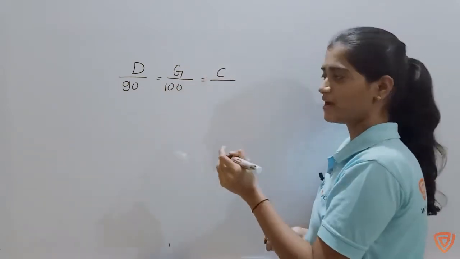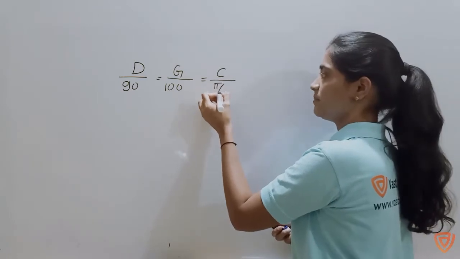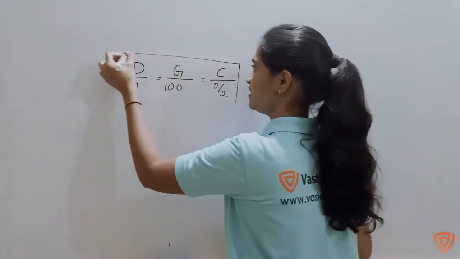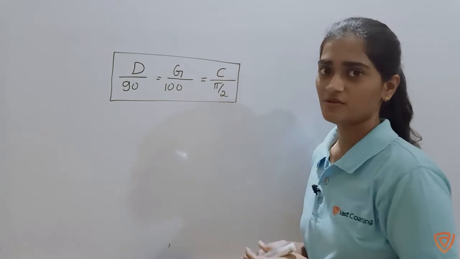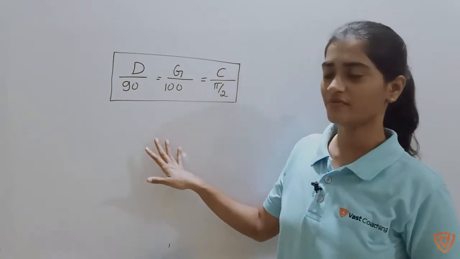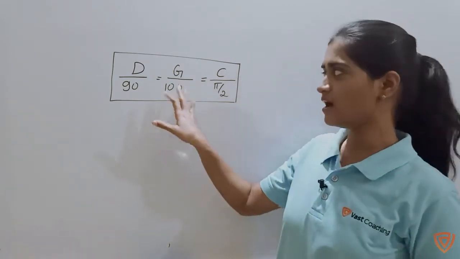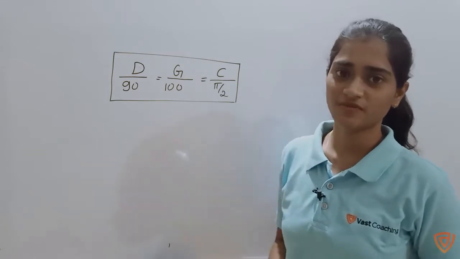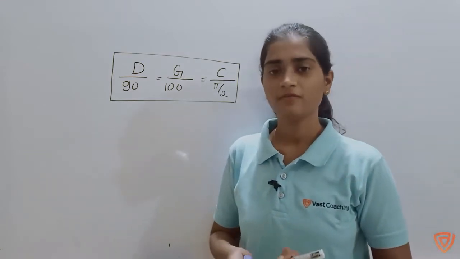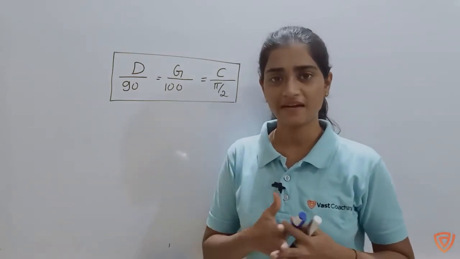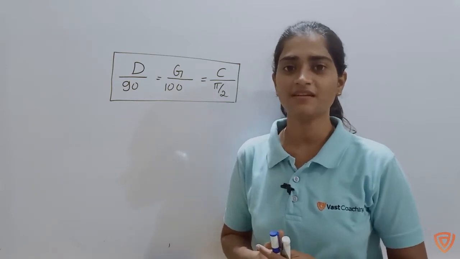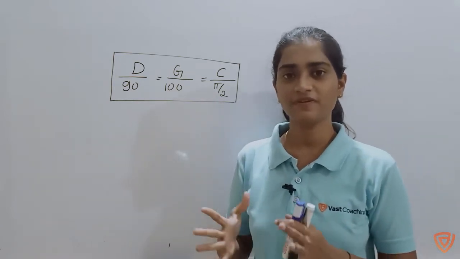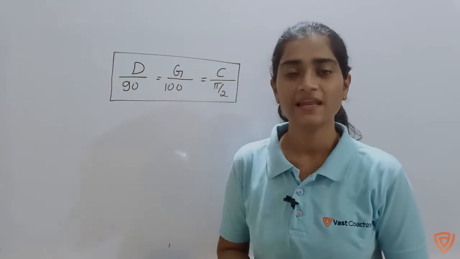Let me denote it by C, divided by pi by 2. So this connects these three systems. By using this relation, if any one of the quantities is unknown, we can find it in terms of the others. Usually we use the degree and radian measure. So how can we find the relation between degree and radian measure? Let's see now.